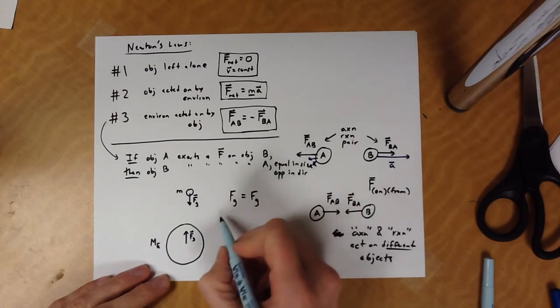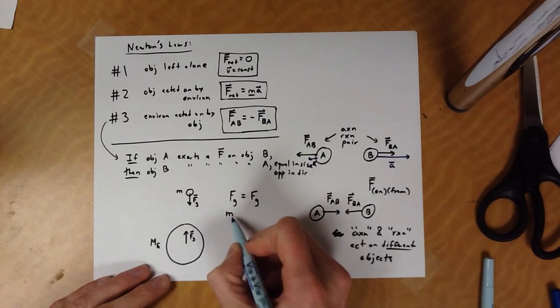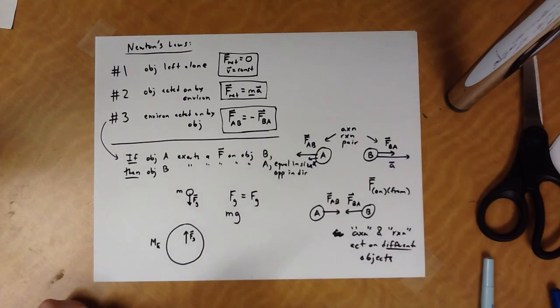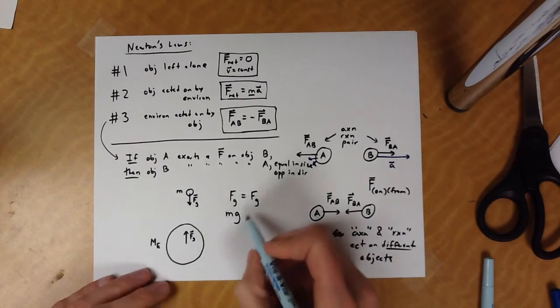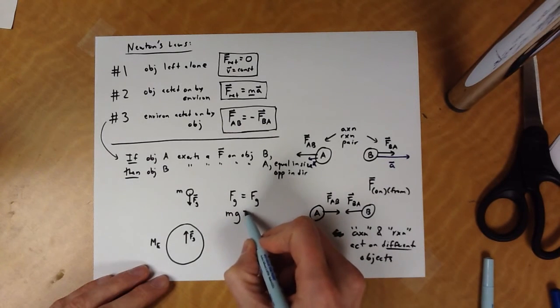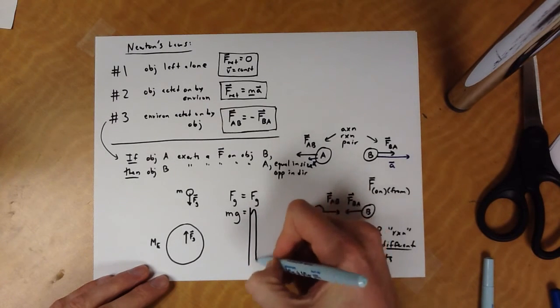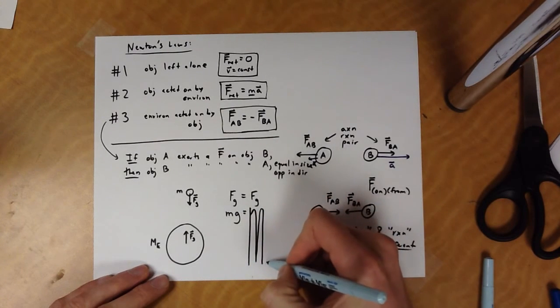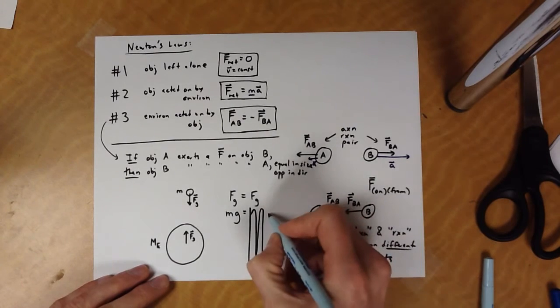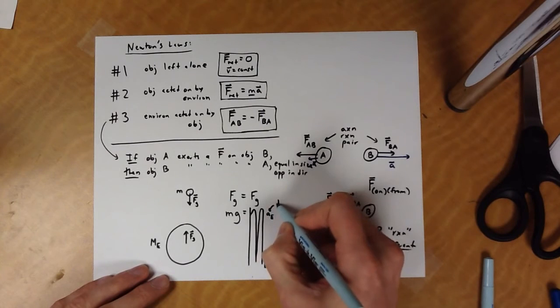So the force of gravity on the baseball, it has a mass m, and the acceleration that's caused is, of course, the very well-known 9.8 meters per second squared. And the force on the Earth, well, the Earth is just way more massive. And so the acceleration of the Earth is very tiny in comparison. It's tiny.